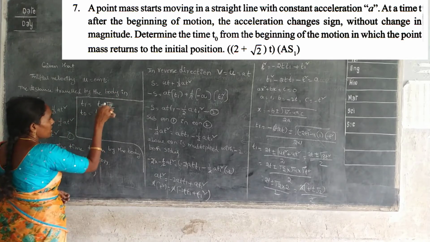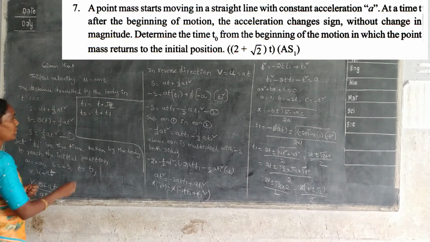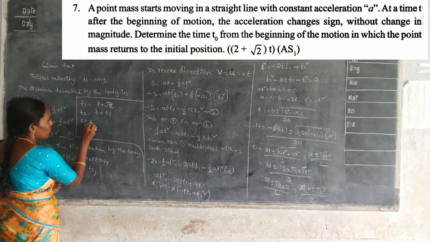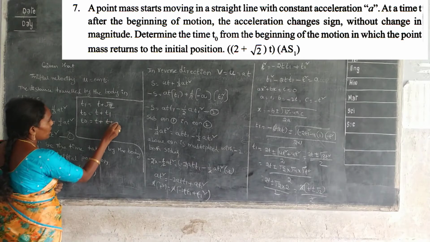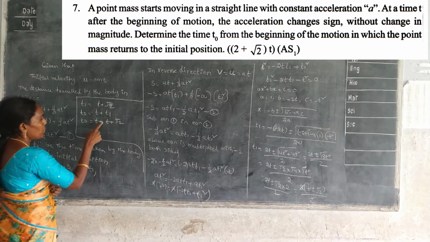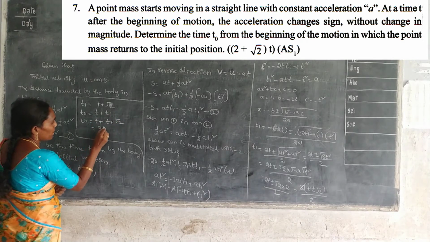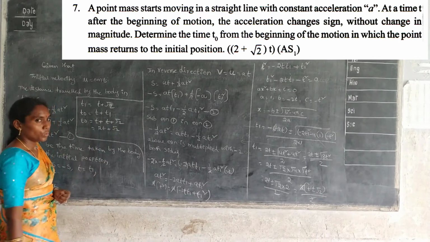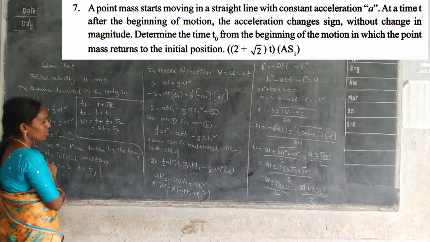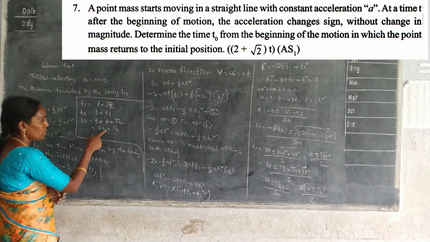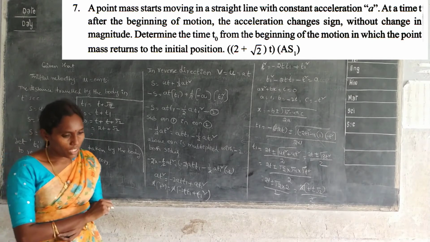Here t naught is equal to t plus, in place of t1 we substitute the value, t root 2. t plus t is equal to 2t plus root 2, where root 2 is common.